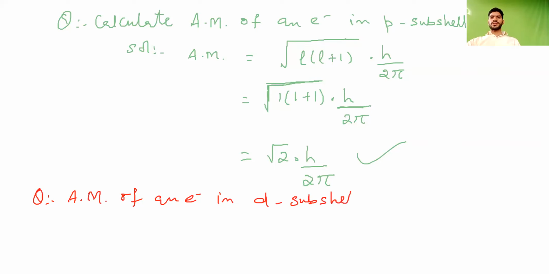So can you calculate this one? It will be equal to root of... what is the L value for D? For D, L value is 2. So that is 2 into 2 plus 1. Exactly, so 2 plus 1 is 3, and 3 twos are 6. So it is root of 6 into h upon 2 pi. Correct?